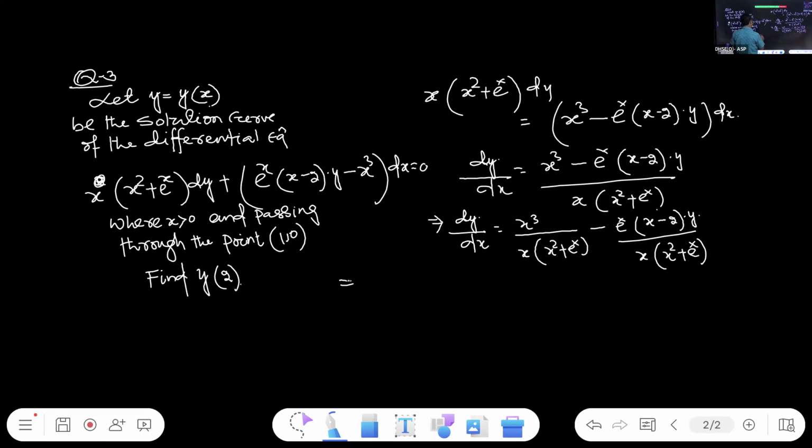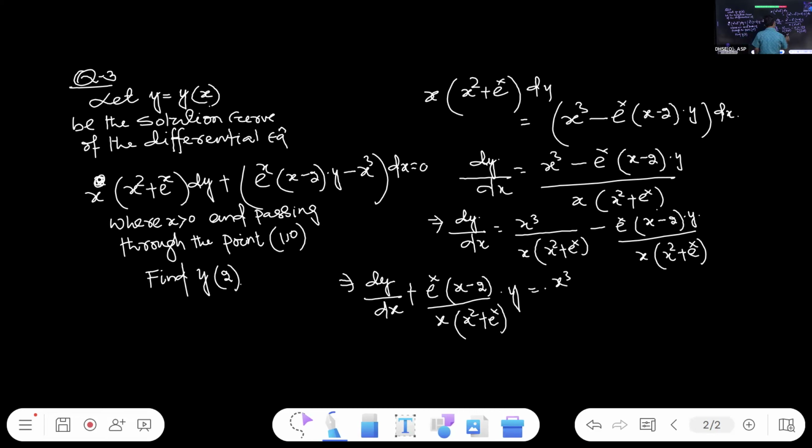This implies dy upon dx plus e raised to the power x into (x minus 2) upon x into (x square plus e raised to the power x) into y is equal to x cube upon x into (x square plus e raised to the power x). Now the equation is of the form dy upon dx plus py is equal to q. Now you can apply the formula or find the integrating factor, then multiply it, then find the solution.